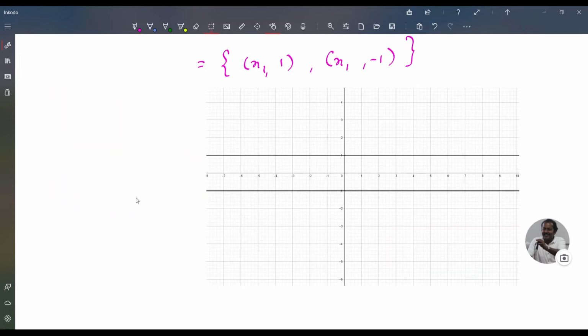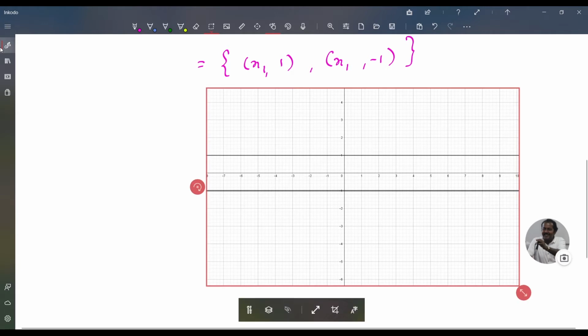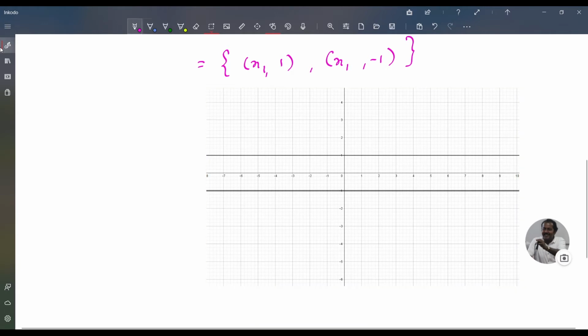Suppose that this is the x1 axis and this is the x2 axis, then a point here is of the form (x1, 1) and a point here is of the form (x1, minus 1), where this is the corresponding x1 here and this is the corresponding x1 here.